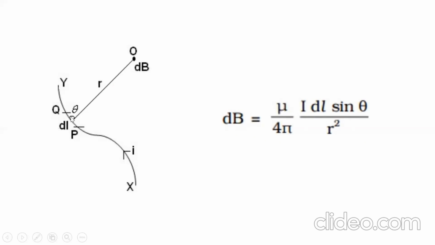Theta is the angle made by the current element dl and the line joining the point and the element, and the field is inversely proportional to r squared, where r is the distance between the current element and the point.